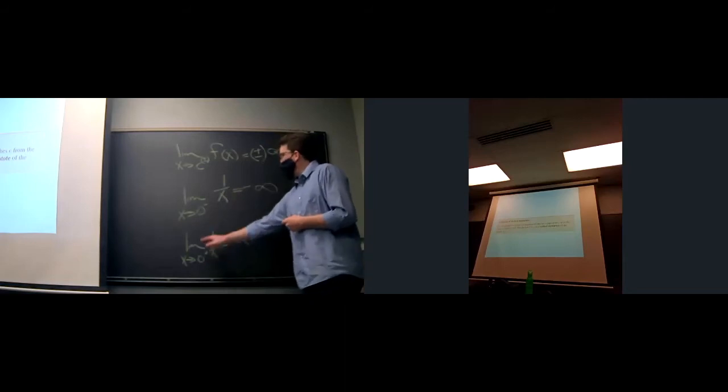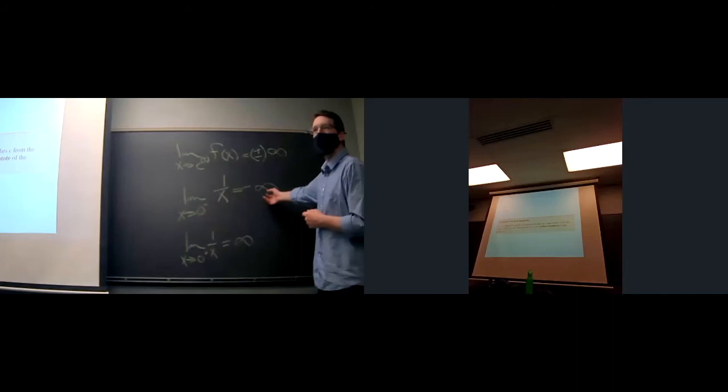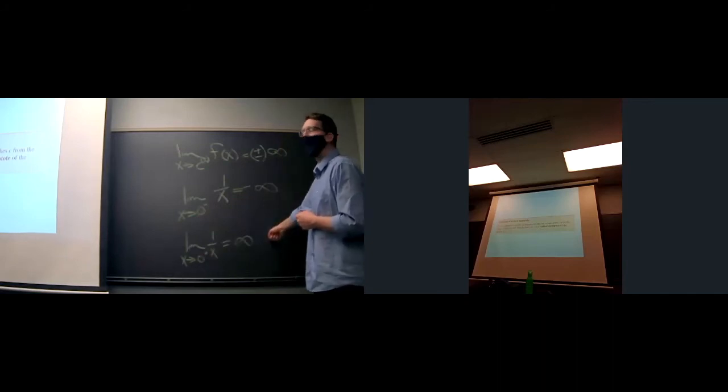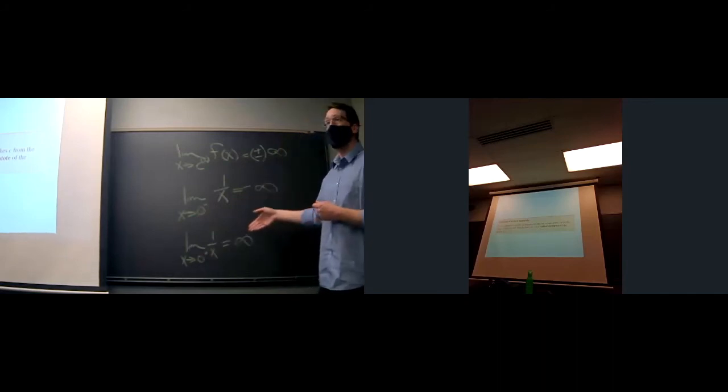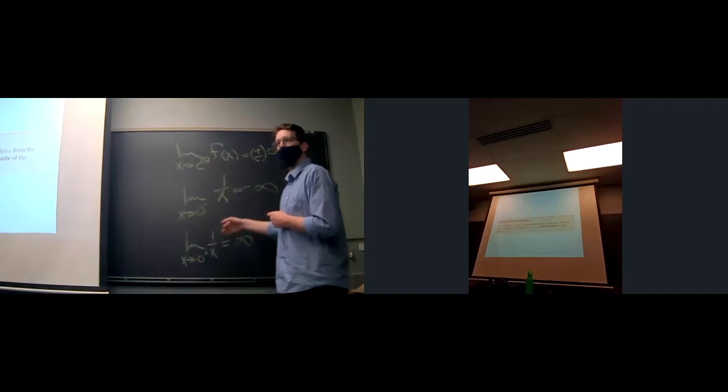But notice, as we approach 0 from the left and from the right, we approach negative infinity and infinity, which tells us directly that when x is equal to 0, we have a vertical asymptote.